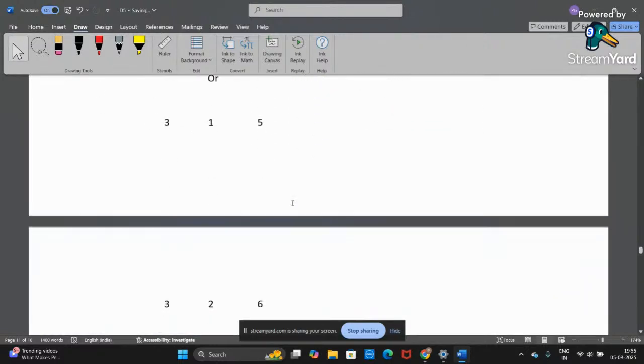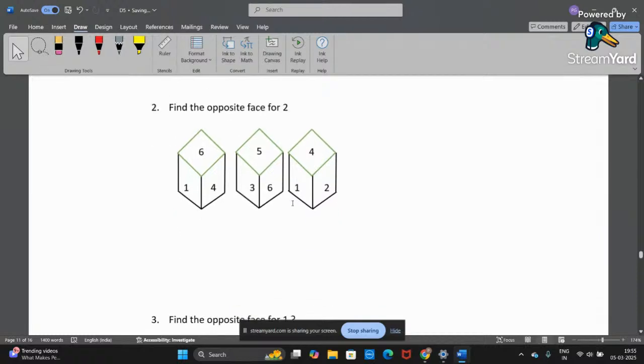Okay. Now let's move on to the next one. The same way, we take one common number between two cubes. In this, 6 is common. Let's take the first and second cube. 6 clockwise, you have to move like this: 4, next number is 1. In this block, again 6 because 6 is common here.